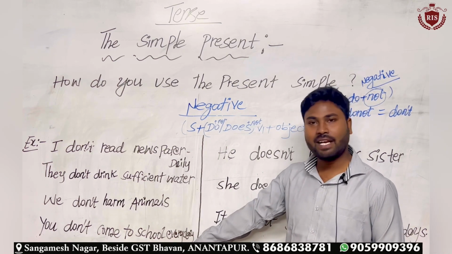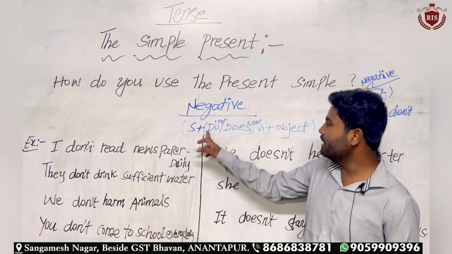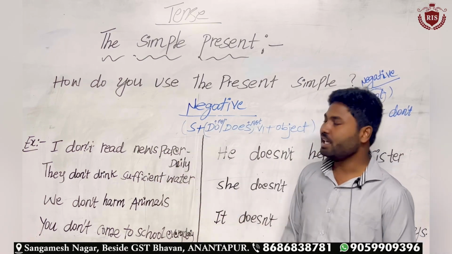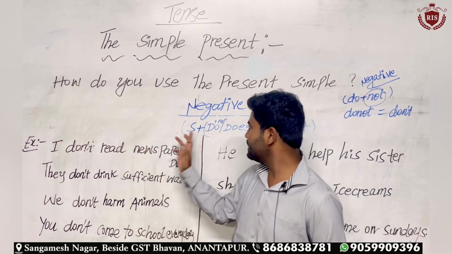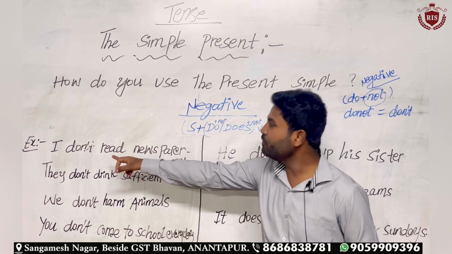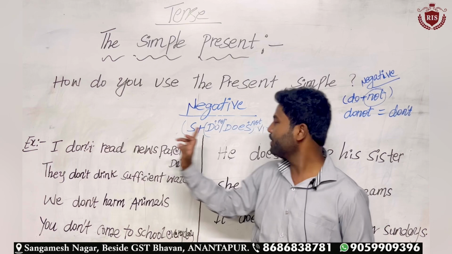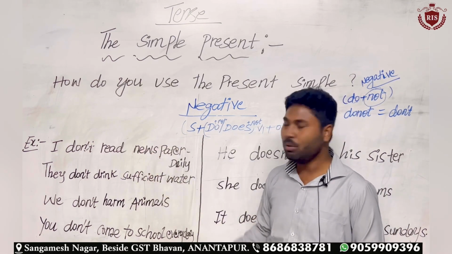I hope everyone has understood till here. Once again, look at the examples and the structure and match them. You will get a clear idea. Subject I is there, and do we have taken because the pronoun is I, and not we have added because that is negative.